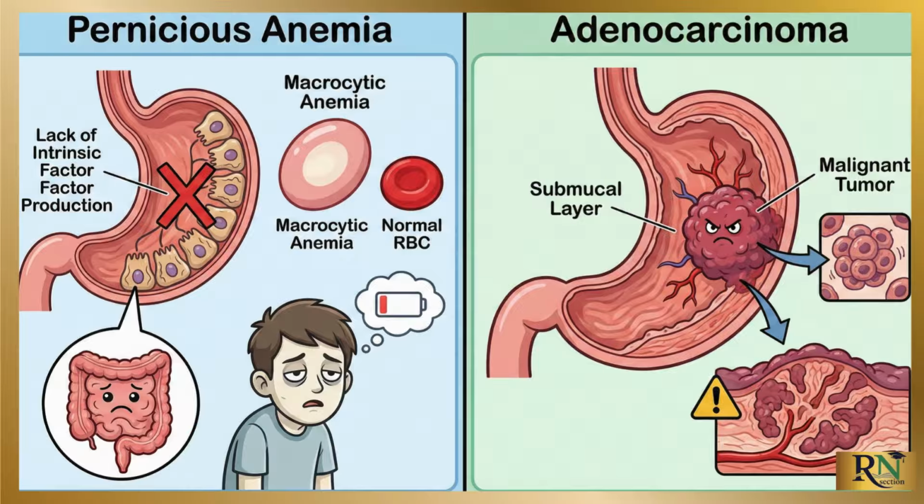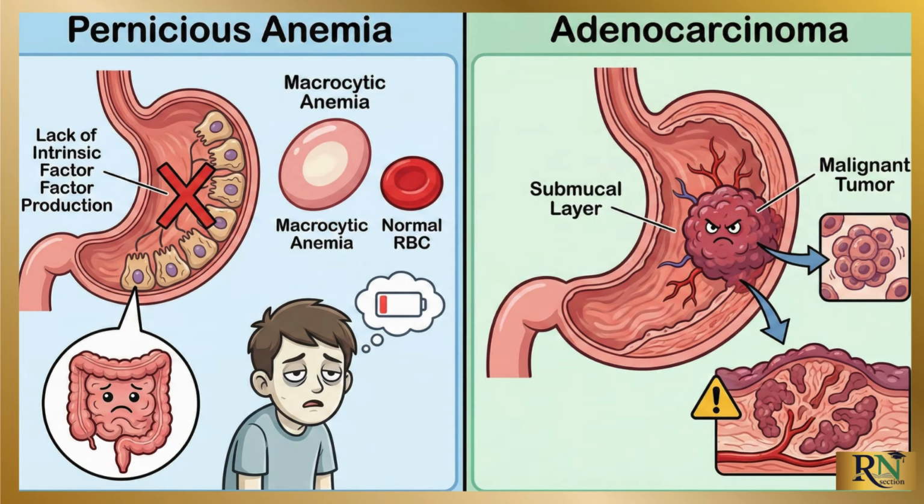Remember that pernicious anemia is a classic exam topic. It's anemia caused by lack of intrinsic factor. Without intrinsic factor, you can't absorb vitamin B12. This is often a complication of chronic gastritis.